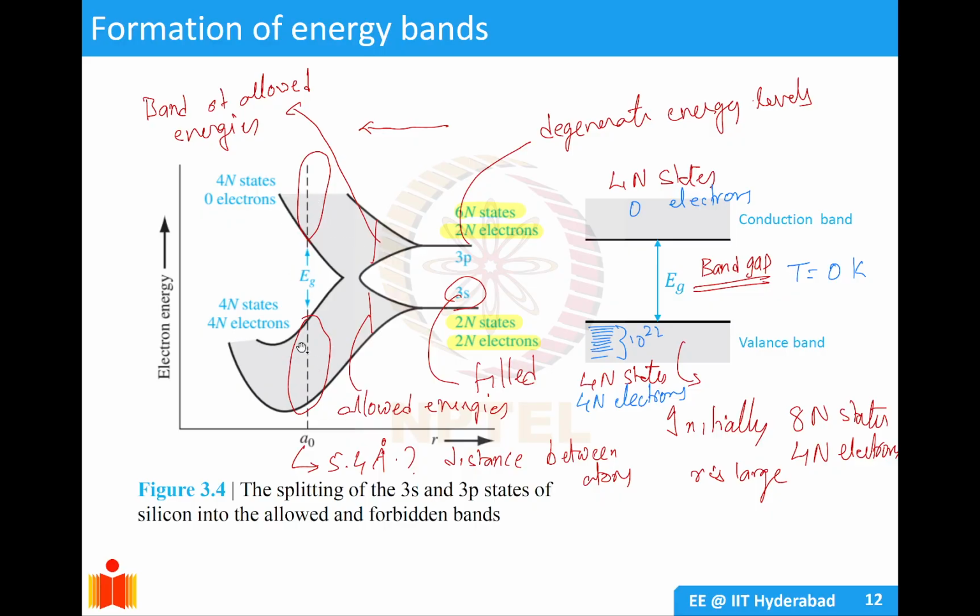Now all the electrons are in the valence shell, and there are no electrons currently in the conduction shell. So the valence shell is completely filled, and the conduction shell has 4n states which are all empty.